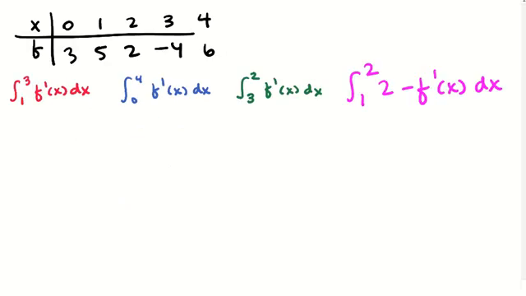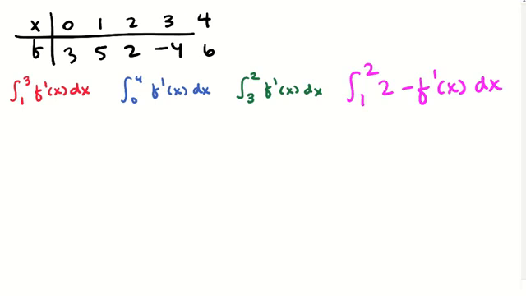All right, here we're given a table of data, and we're asked to find some integrals. I'm going to start with the one in red, the integral from 1 to 3 of f prime of x dx. Well, that's interesting. What would be an antiderivative for f prime of x? F. Yeah, f prime is the derivative of f, so the antiderivative of the derivative is going to be the original.